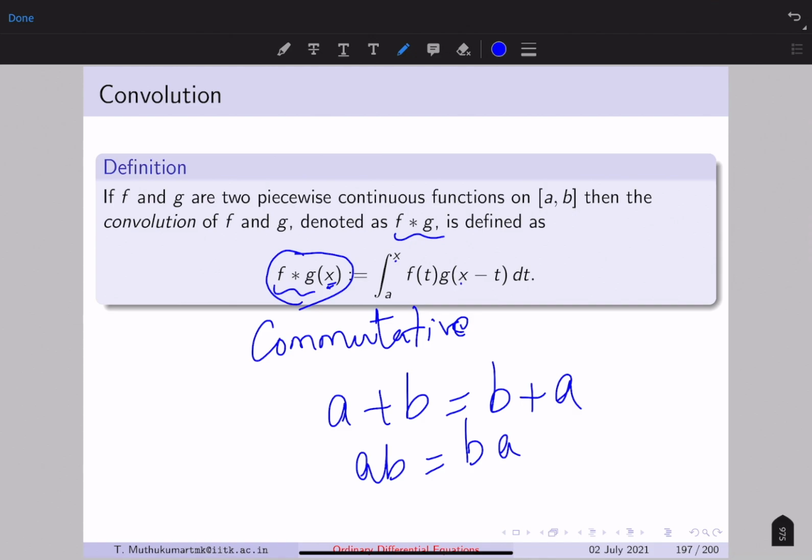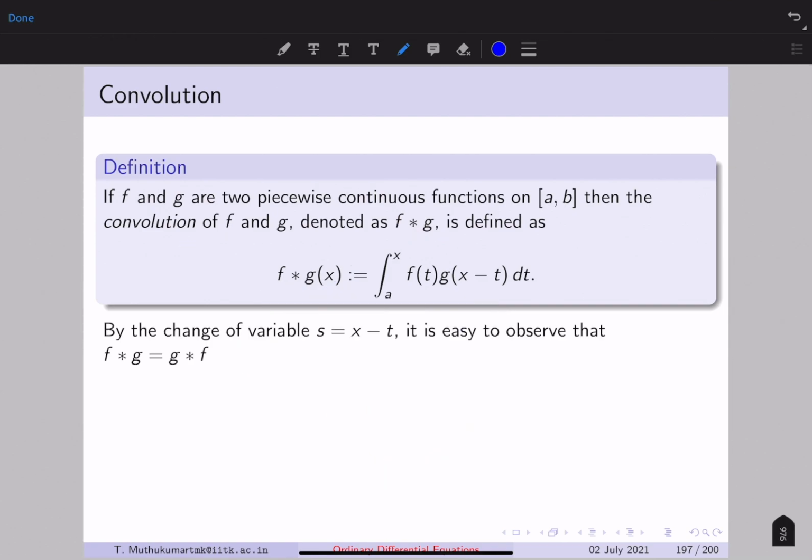What about matrix multiplication? Is it commutative? Not all binary operations satisfy this property. But this convolution operation is commutative. That is, f star g is the same as g star f.